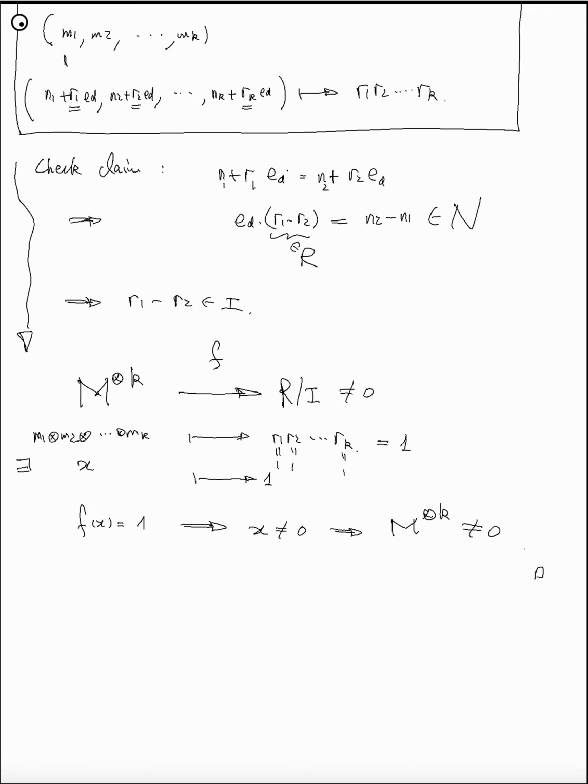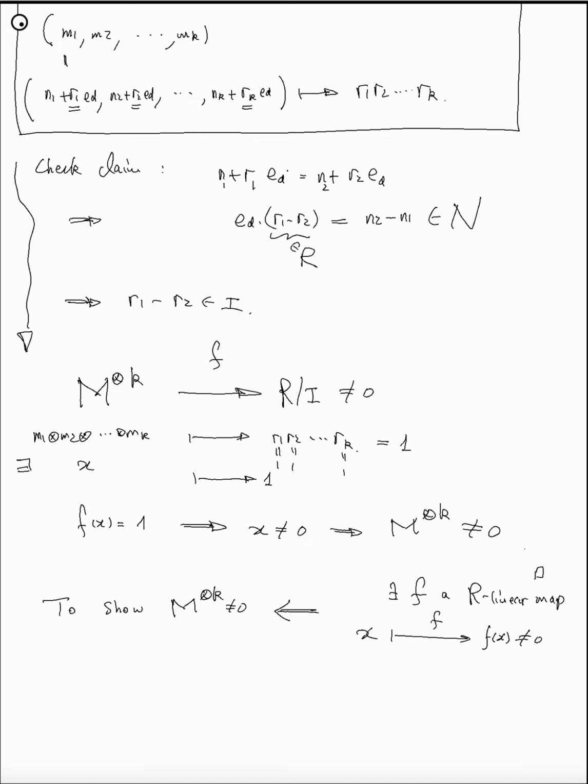This is very tricky. You claim to show this is non-zero. To show this is not 0, it suffices to construct an R linear map, right? To find an R linear map such that some element is not 0, because an R linear map sends 0 to 0.